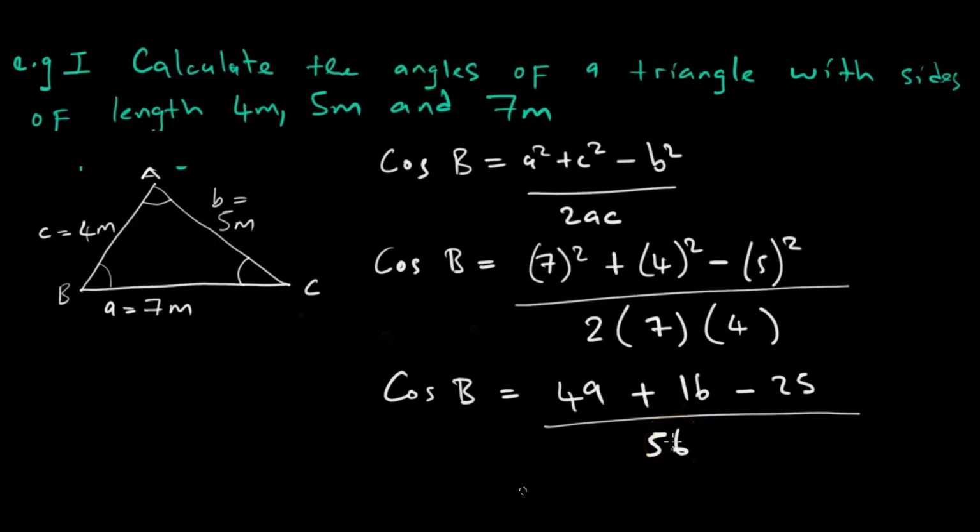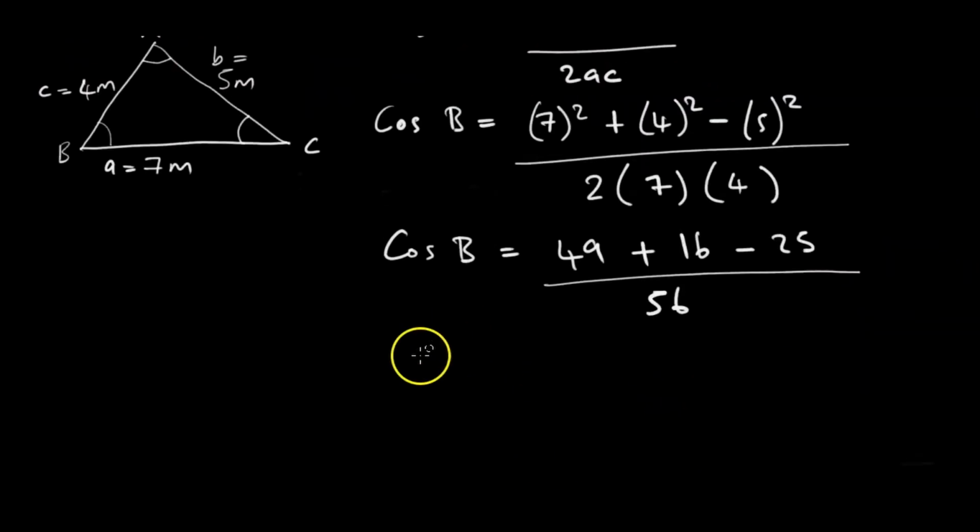So here, let us now find what cos b is. Cos b is equal to 49 plus 16 minus 25, that is 40. So it's 40 over 56.